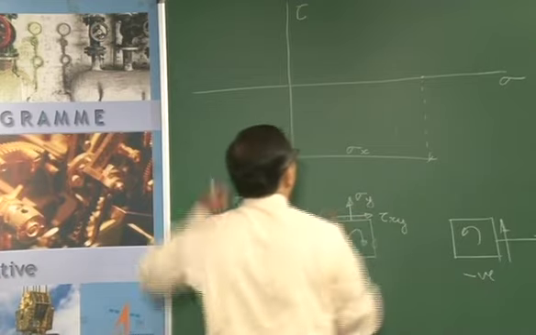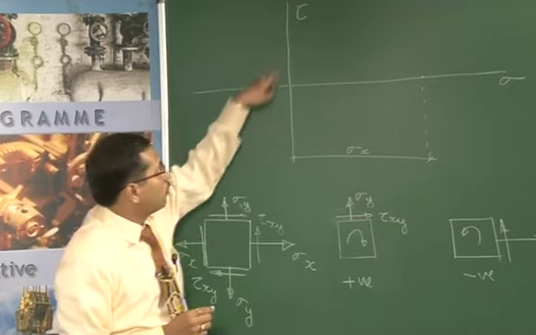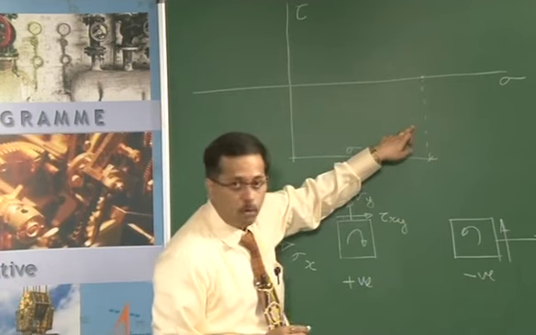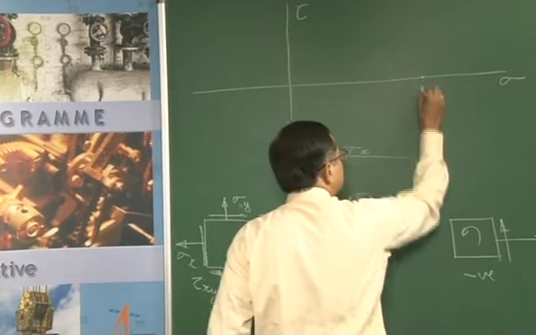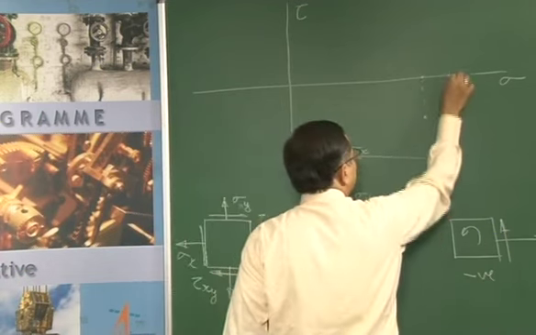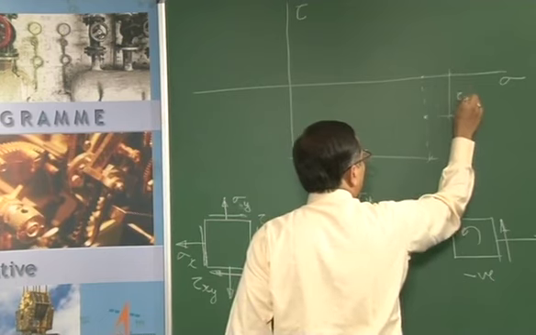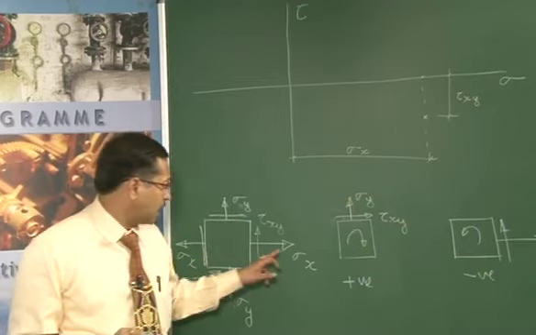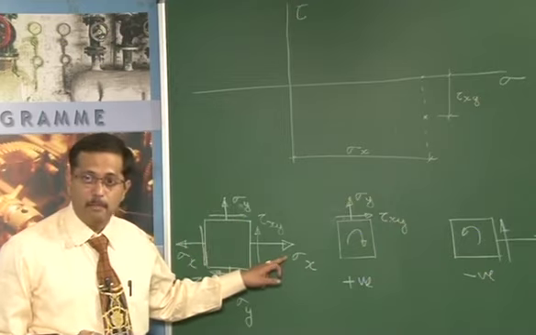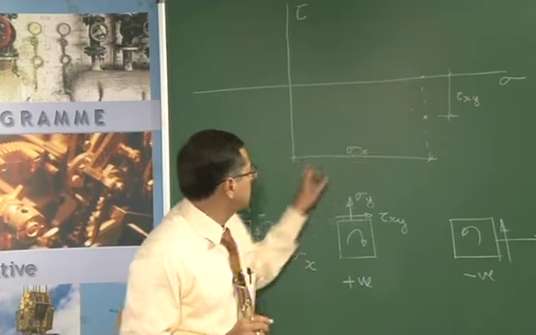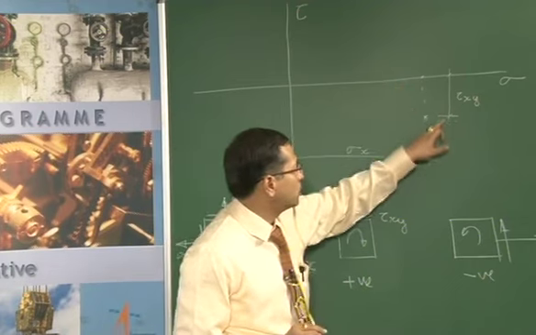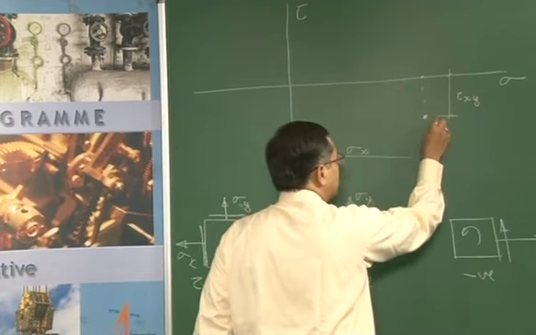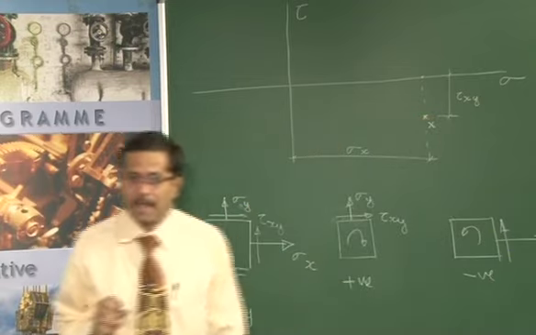The shearing stress is measured along the y axis, so I have to come down by this distance, and this corresponds to tau xy, which would be negative, acting on the face where sigma x is acting. So this is sigma x, and corresponding to that we will plot that. This is denoted as x.